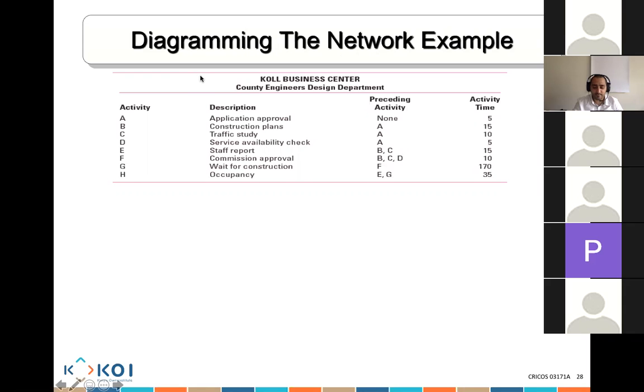Then from B and C, we have E. So there's B, C, and D after A, and then there's E which comes after B and C, and there's F that comes after B, C, and D. So you need to look at that and draw it accordingly.